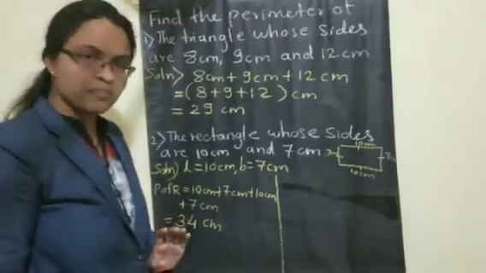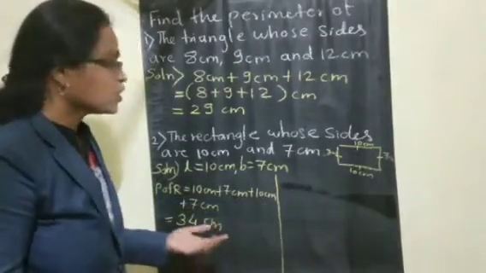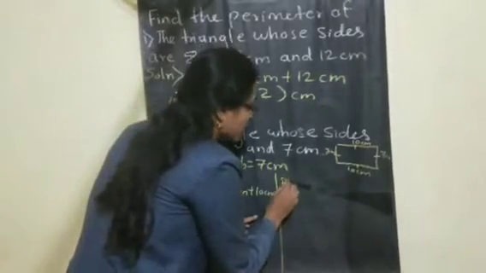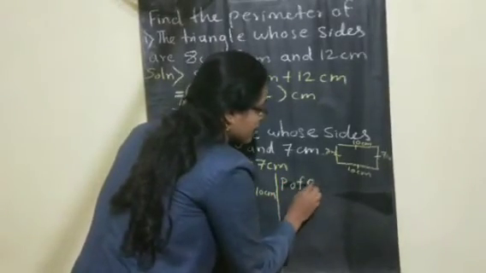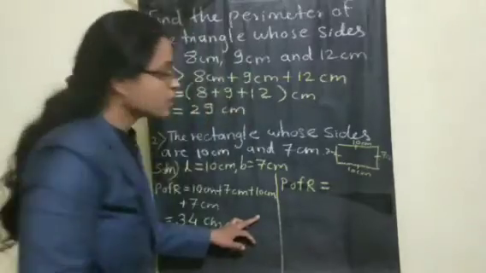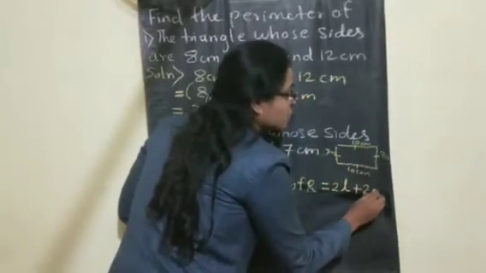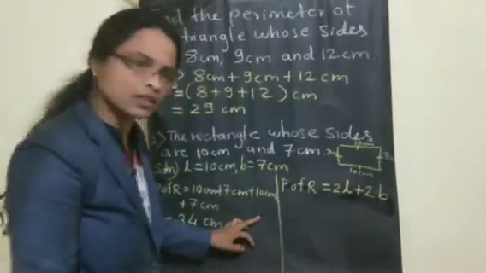This is one method. Another method, we have to use the formula, children. So perimeter of a rectangle formula is what? 2 times length plus 2 times breadth. Okay.